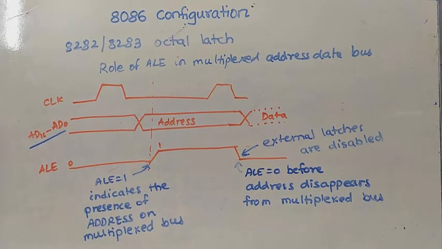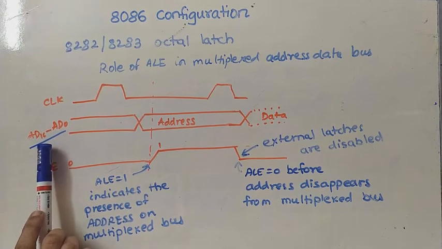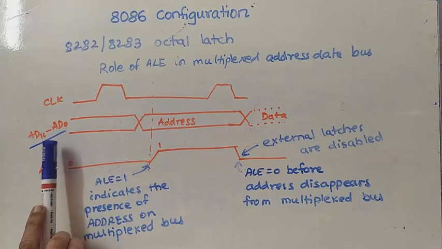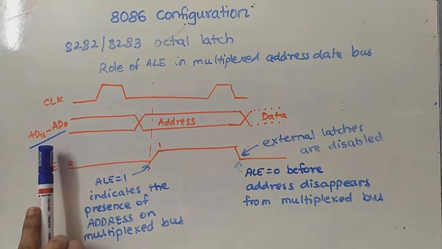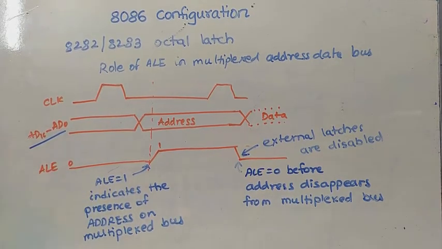That address is a 20-bit address, so the 20-bit address is released on AD0 to AD15 and A16 to A19, and the presence of address on the multiplexed bus is indicated by ALE.